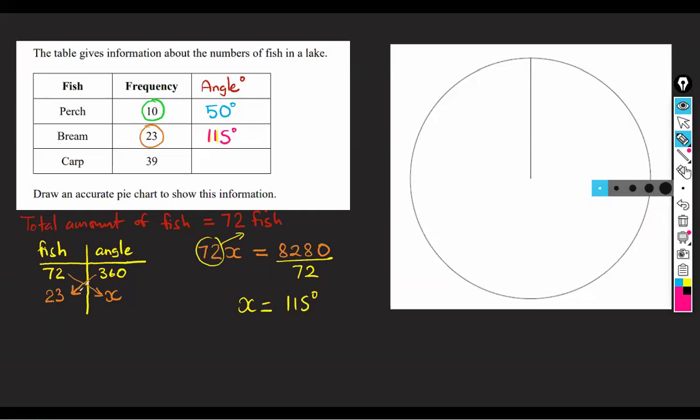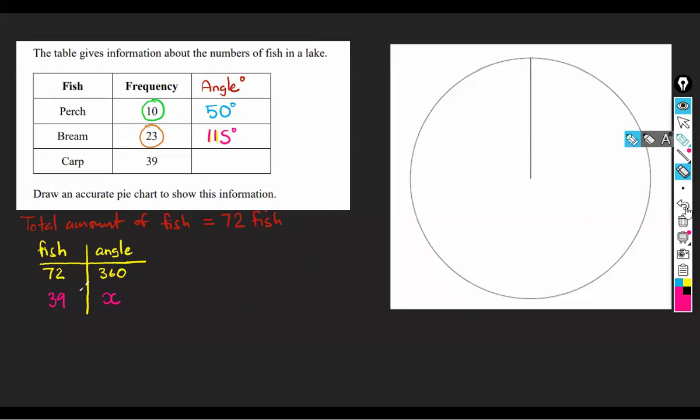I think you all get the idea here. It's the same exact concept. For the carp fish, carp is what? 39, and we want to figure out x. So quickly, cross multiply and solve for x. Once again, it's 72 by x.